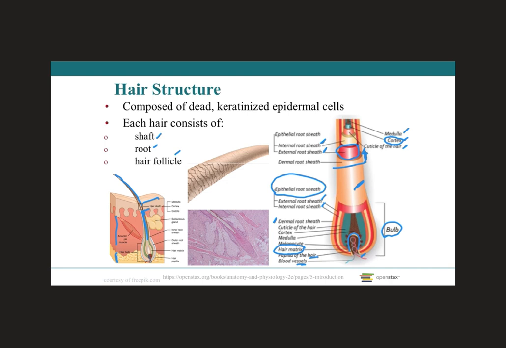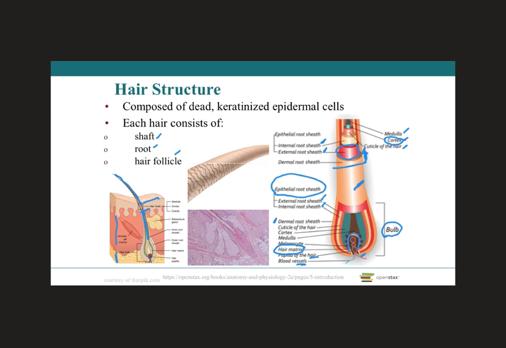The bulb will also contain the hair matrix, which is formed by this germinal layer of cells, which we talked about already, which will be the site for cell division. And look how our body is so smart that the site of cell division is where you're also going to find lots of blood vessels to nourish these cells that are important to create new cells and to make your hair grow.